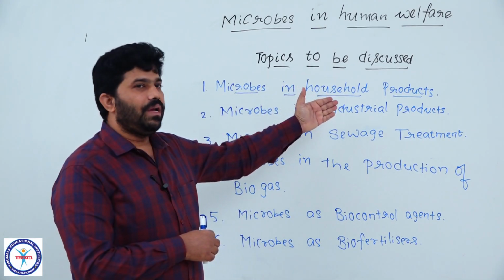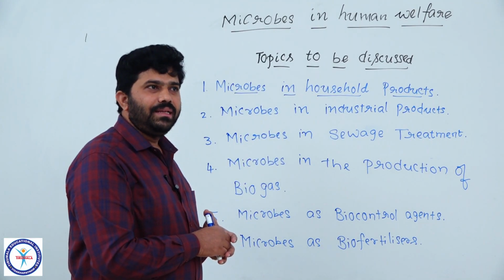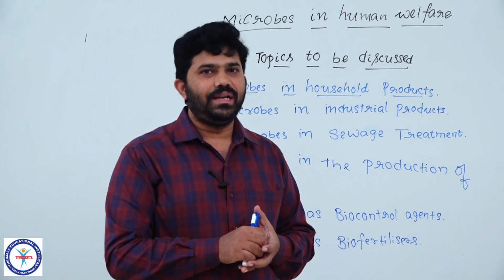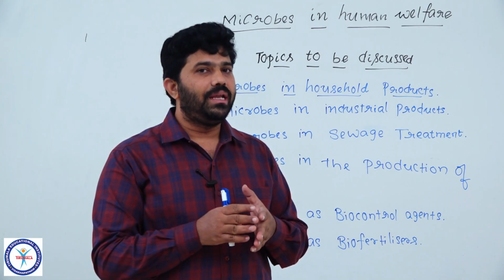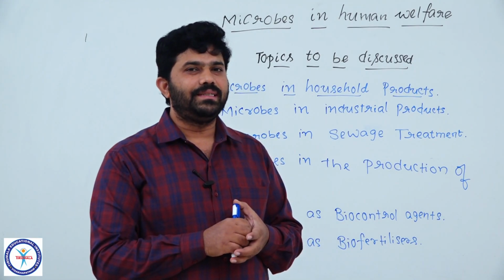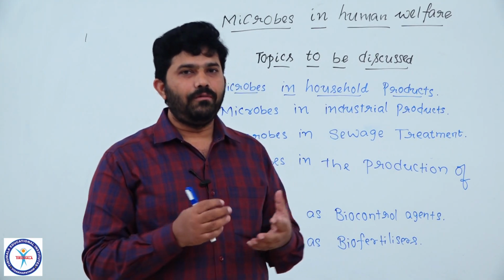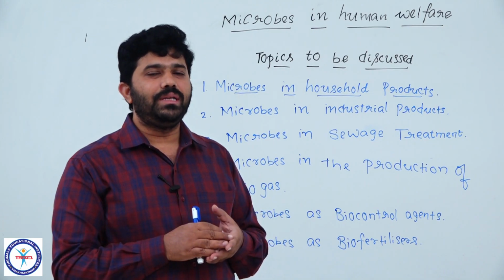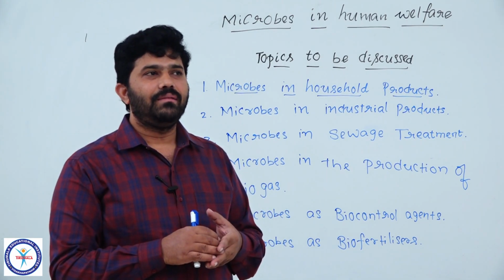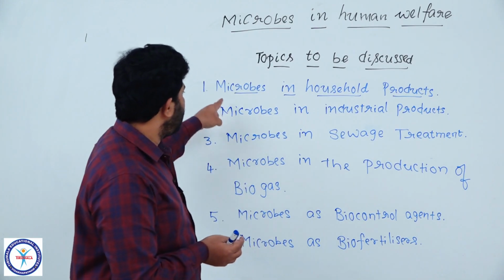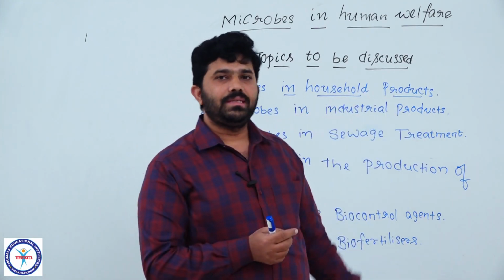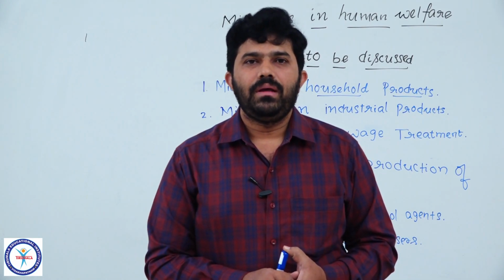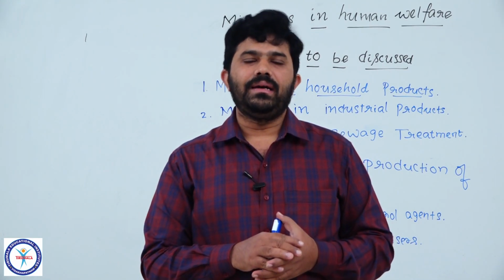Whatever food we are obtaining from our home or kitchen, indirectly and invisibly, so many microorganisms enter and give more flavor, texture, and taste to the food we take with much interest. In microbes in household products, the first important thing is curd.